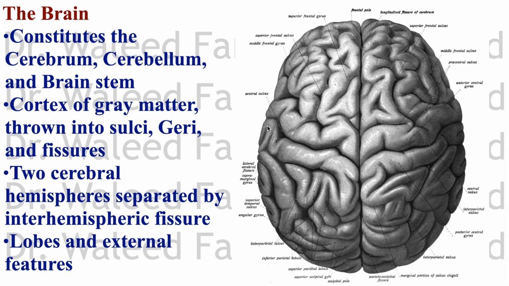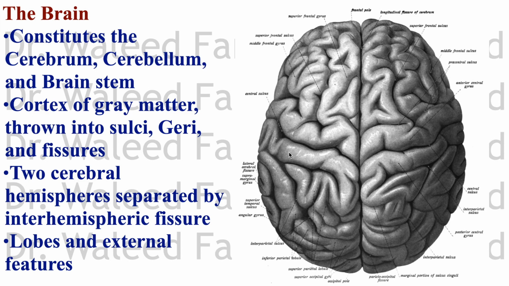It doesn't reach the temporal sulcus on the lateral side. This is called the central sulcus of the brain. It doesn't have to be in the exact center of the brain. It may be deviated posteriorly in some brains, but it is the one that has a complete gyrus in front of it and a complete gyrus behind it.